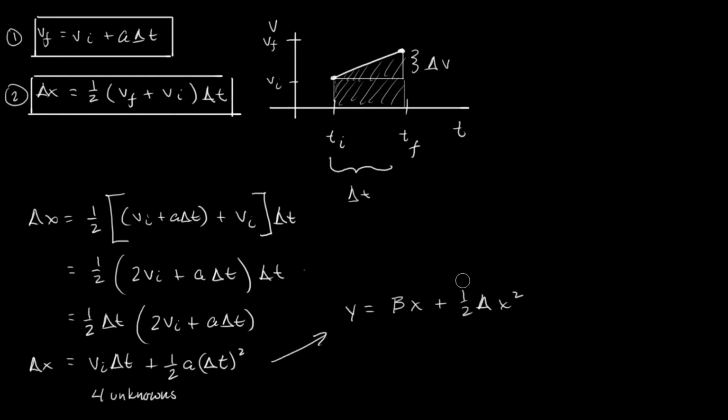If you don't mind, I'll just erase that right there. Essentially, you've got y is equal to ax squared plus bx. So that is just a polynomial, and that's a quadratic equation, which means you've got some kind of picture of a parabola, essentially, right?